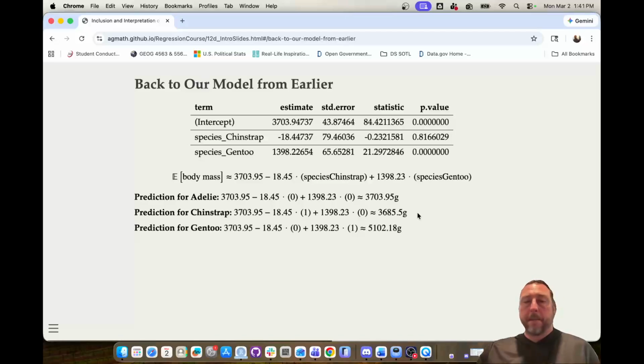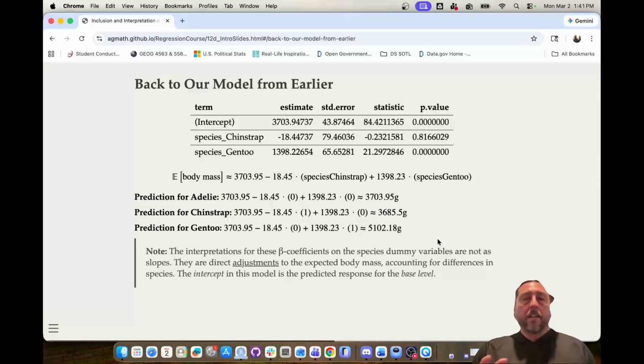And similar for the Gentoo species, now species chinstrap, that term gets turned off, it takes on the value 0. And species Gentoo is turned on, it takes on the value 1, adding that extra 1,398 grams to the penguin body mass, indicating that Gentoos are much larger than the other 2 species of penguins with an expected body mass just over 5,100 grams.